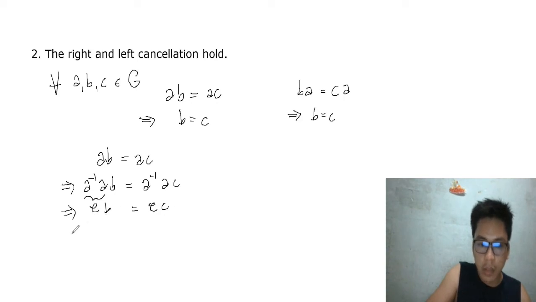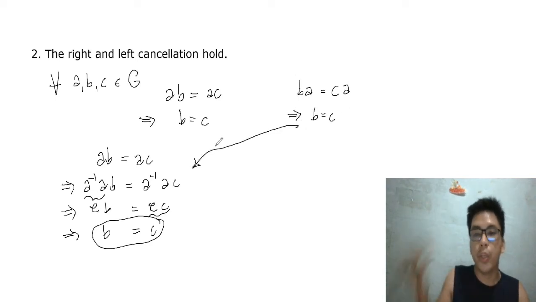E is identity, so that means if you multiply identity by an element, that will still be the same element. So same to here, you get C. Therefore, this will hold. The same happens with the other. You just have to use the same method. You multiply A inverse to both sides of the equation and you will arrive at the same answer.